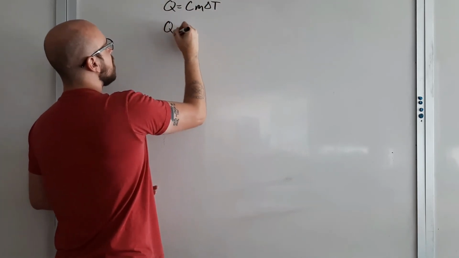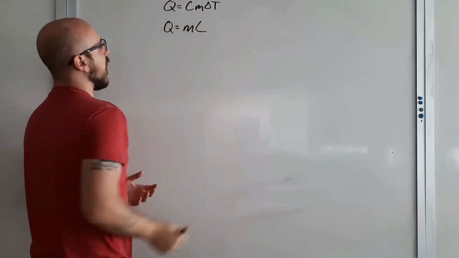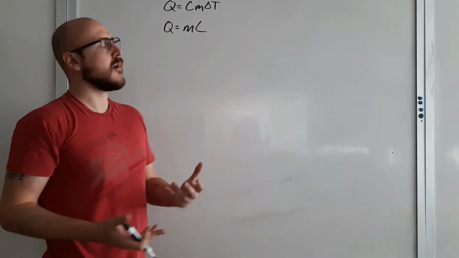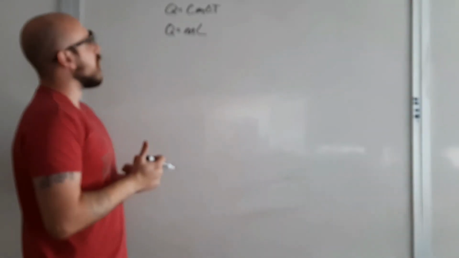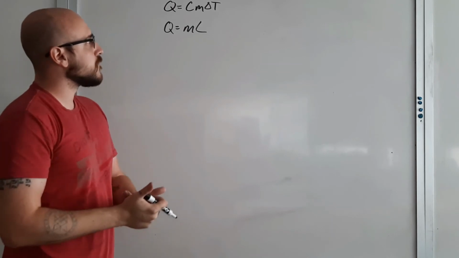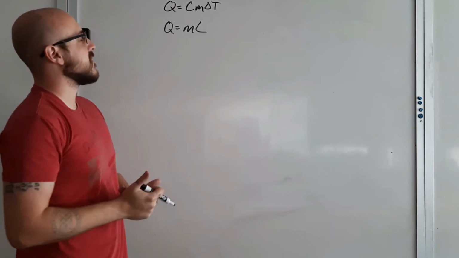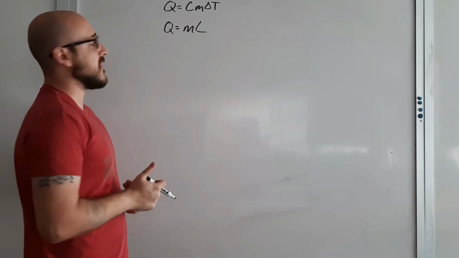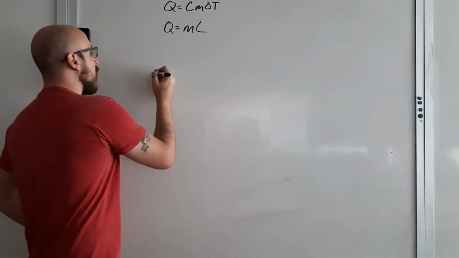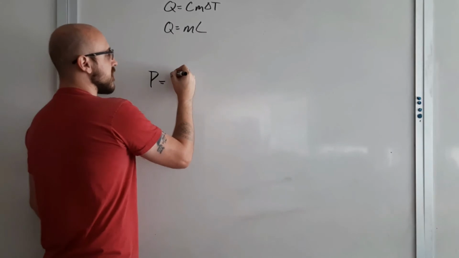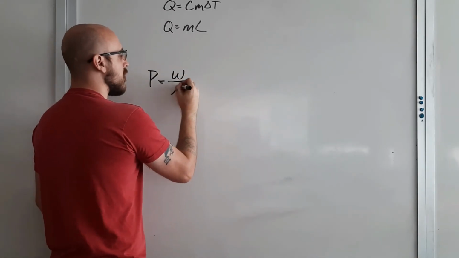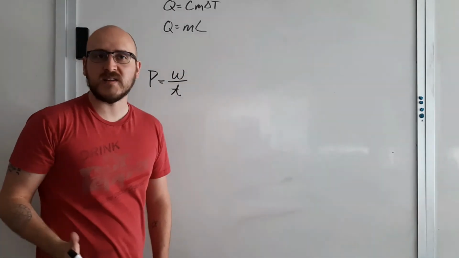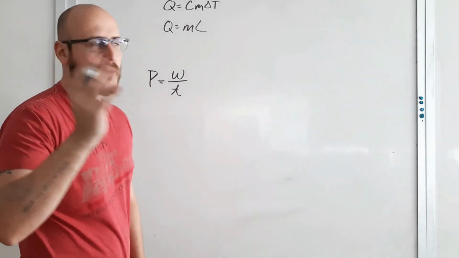or Q equals mL, there's no time in it anywhere. One quantity that does relate to time, and that we haven't talked about since last semester, is power. Power is just the work you're doing over time, measured in watts or joules per second or horsepower.